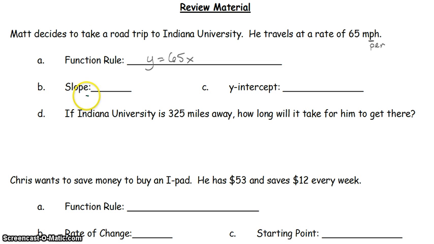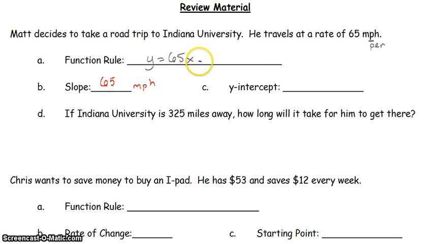When I go to look at the slope then, slope is the same as rate of change, and it's always the number you're multiplying x by. So in this case it's 65, and if I were to include labels, which I should, it's miles per hour. The y-intercept is the constant that you're always adding or subtracting to this problem.